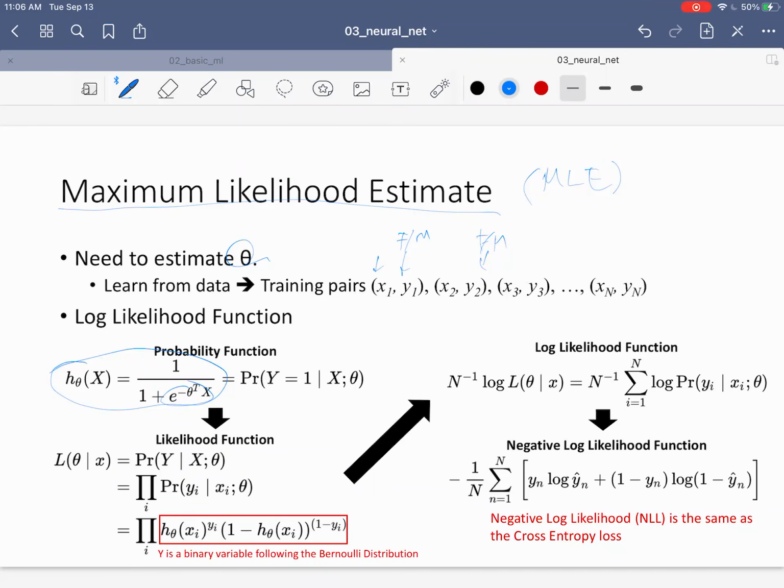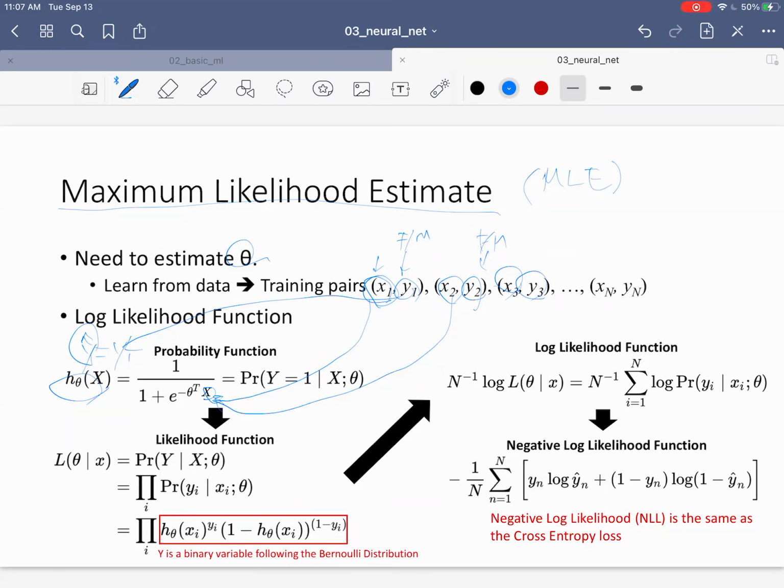And since we have a lot of training samples, what we want is that when you put x1 here, then you want your h theta x, or let's call it y hat, to be this y1, right? When you put x2 here, you want your y hat to be y2. When you put x3 here, you want your y hat to be y3, right? That's what we want to see happen with the logistic regression function.